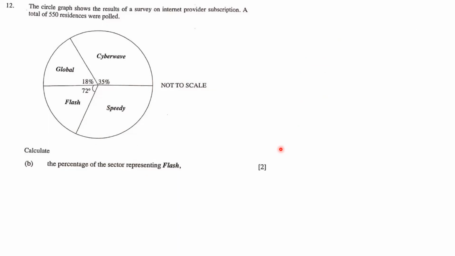Okay, let's move on to the next question. It says we want the percentage of the sector representing Flash. Well, we already know that Flash accounts for 72 degrees, and that's 72 degrees out of 360 degrees, because we know angles in a circle add up to 360 degrees. So the fraction representing Flash is 72 over 360.